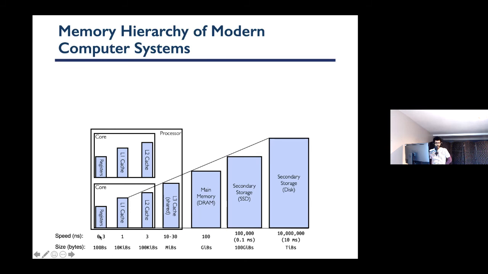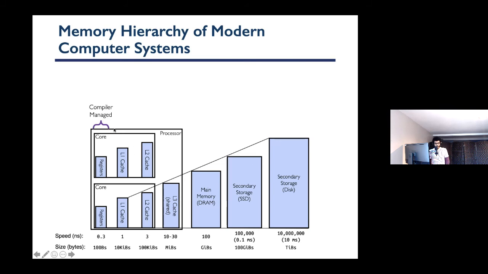So in nanoseconds, this is approximate, you have only a few bytes here, hundreds of bytes, but then very fast access. The size grows this way, as does the access time.